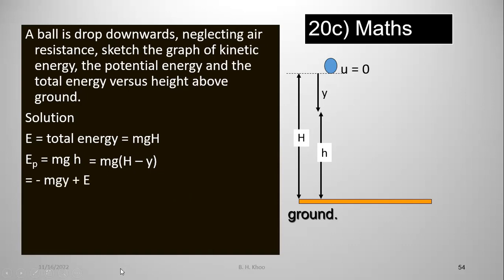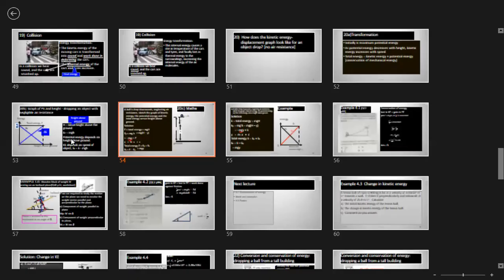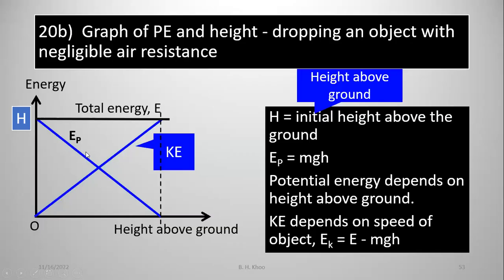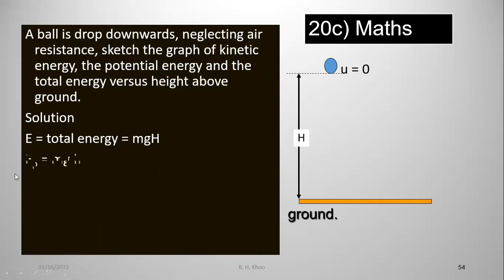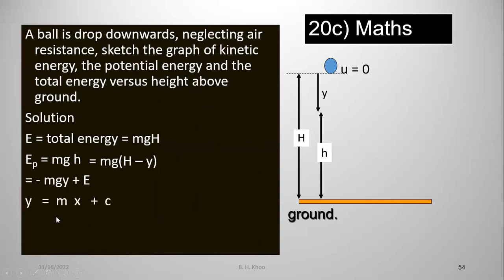So that's the reason why we get a graph with a negative slope. That one there, mgH there. Compare the equation of a straight line.